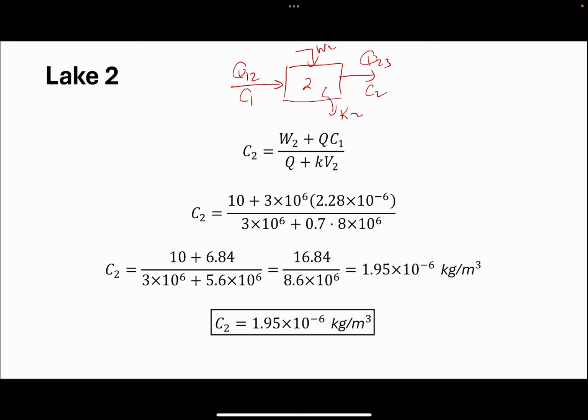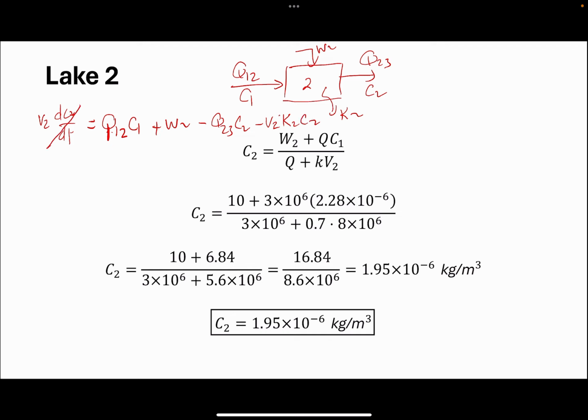So if you do a mass balance for this, you'll do the same thing. V2 dC2/dt is equal to, now you'll have two inputs. Imagine these two inputs, Q12 times C1, this is one input, plus W2 is an input, minus the output, Q23 C2 minus volume 2 K2 C2.